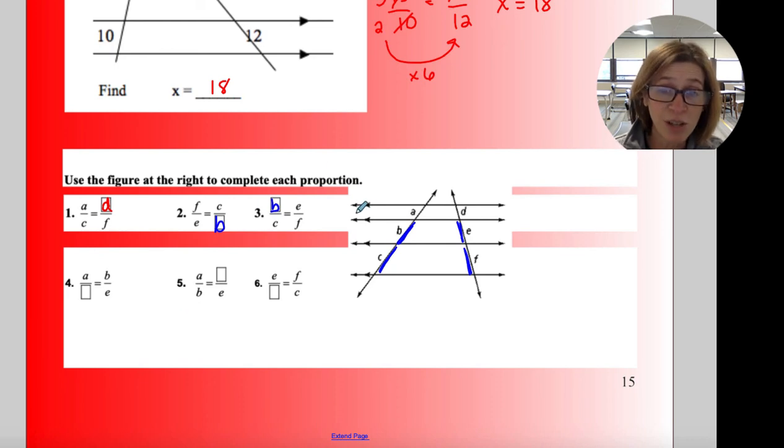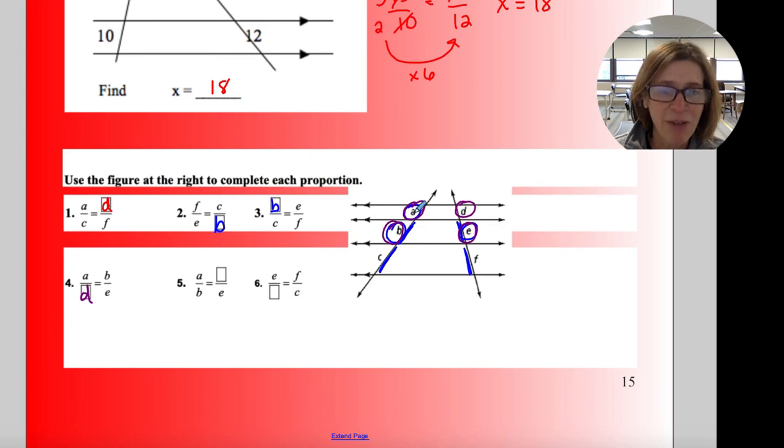Okay, this one's a little trickier. They did A over something equals B over E. You can remember the properties of proportions let you write this differently. So if we do B over E, then it would be equal to A over D. Okay? That same proportion I can write a little differently.